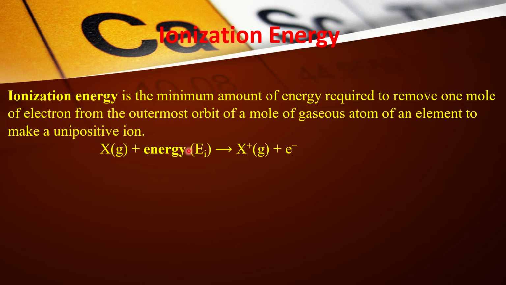By applying energy, X atom will remove 1 electron. This amount of energy is called ionization energy. The energy that is needed to remove 1 mole of electron from 1 mole of gaseous atom to make 1 mole of unipositive ion.